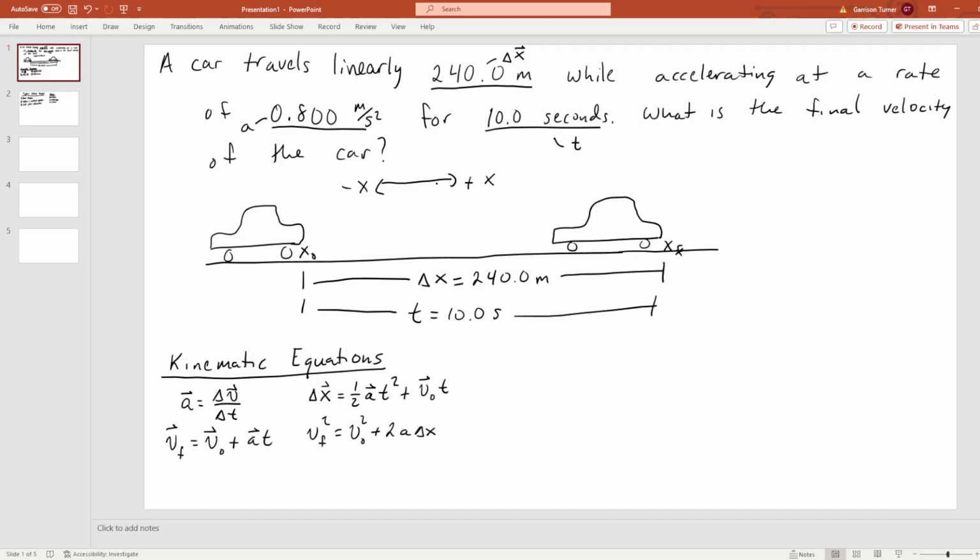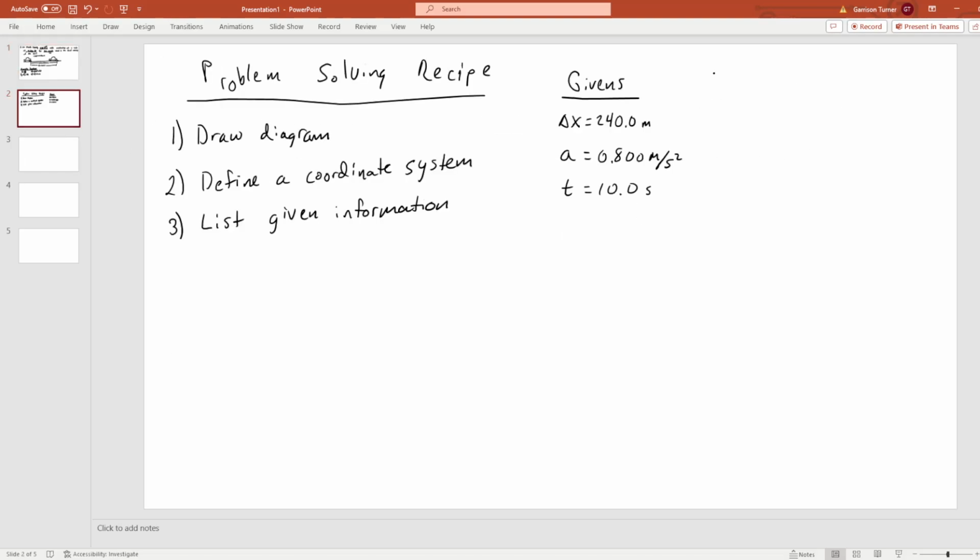What is the final velocity of the car? So I then like to say, okay, what am I solving for? You can call this whatever you like, but I just list it as solving for. So we want the final velocity.